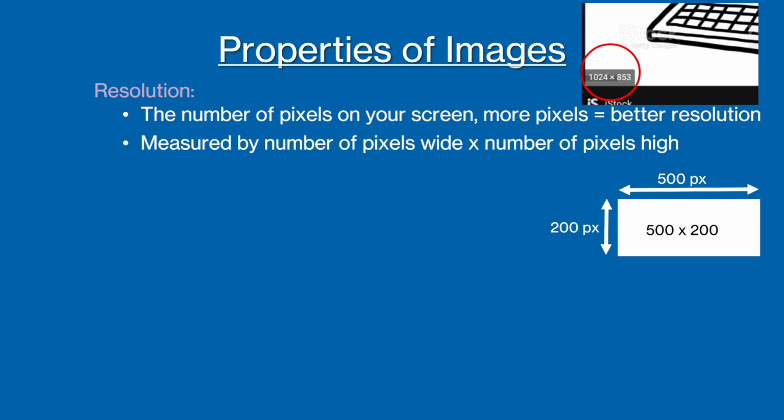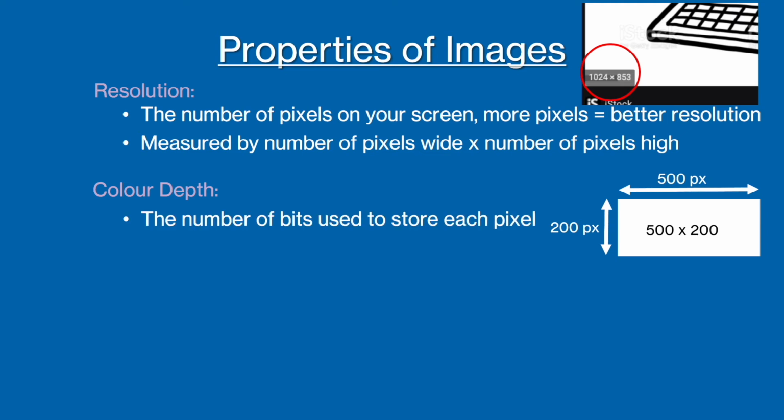The higher the resolution, the more pixels the image has, and therefore the more memory that's needed to store the image and its pixels. However, more pixels also means that the image is more accurate and is better quality with less pixelation. The next factor is color depth. This is the number of bits needed to store each pixel.